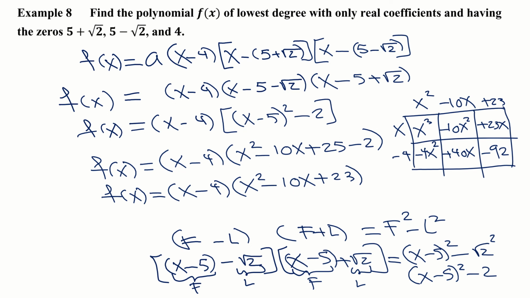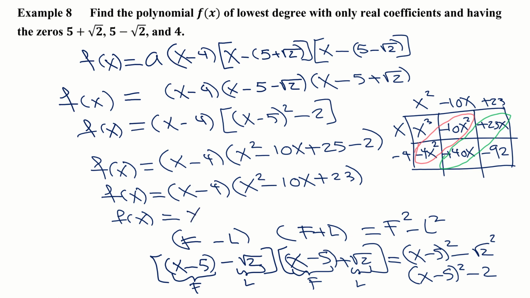So we can group these two x squared terms together. We can also group those two x terms together, right? Because they're like terms.